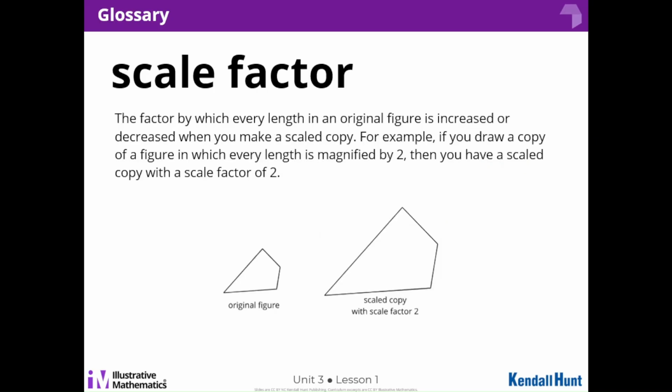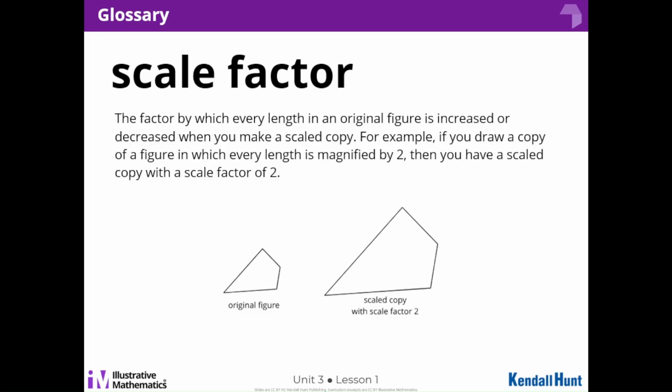The other glossary term that we have is scale factor. The factor by which every length in an original figure is increased or decreased when you make a scaled copy. For example, if you draw a copy of a figure in which every length is magnified by 2, then you have a scaled copy with a factor of 2.